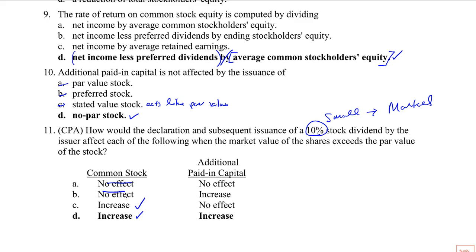All right, so it's going to increase common stock through the par account. If you have a large stock dividend at par value, you're still going to increase the common stock account. It's only in this case where you increase also the additional paid-in capital. So another version of this question is with a large stock dividend, then C would be the right answer. Okay, in this case it's D.